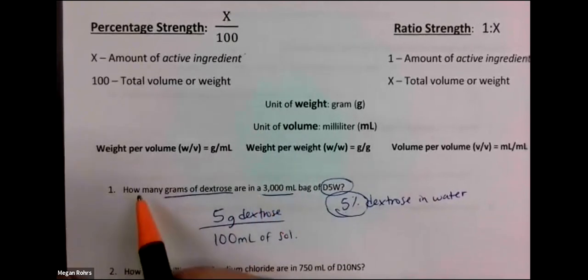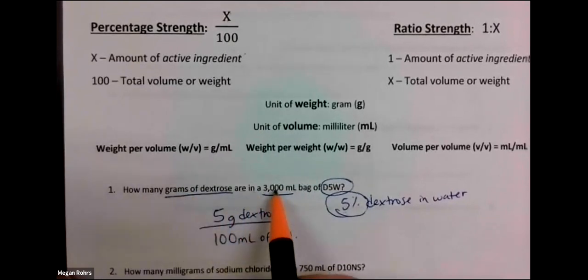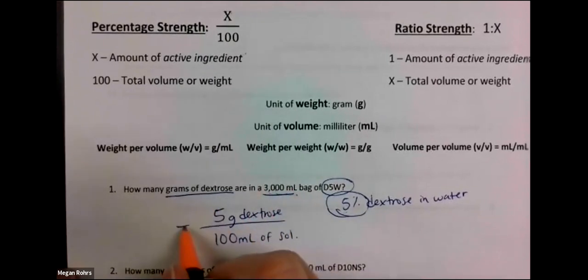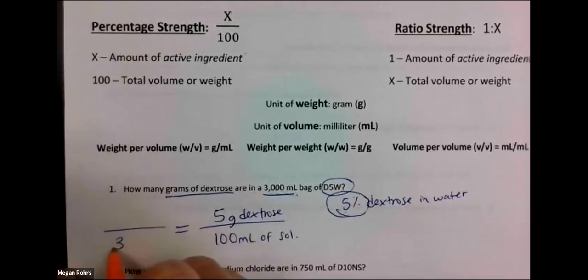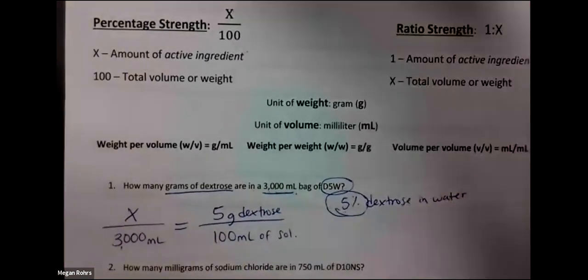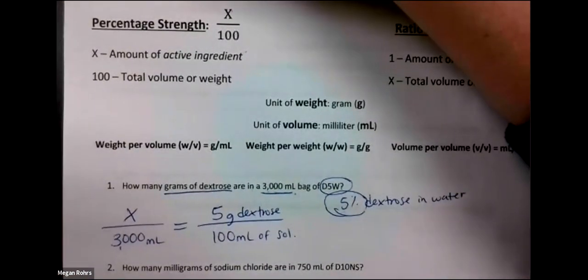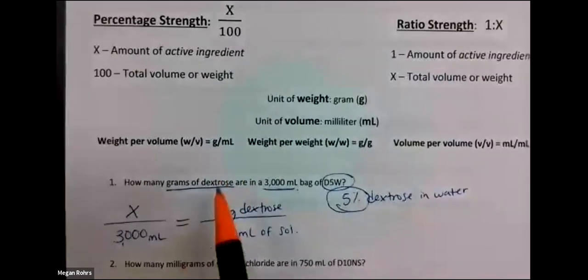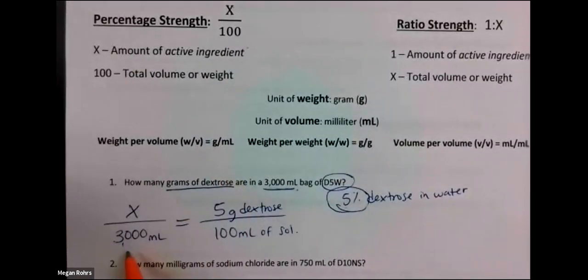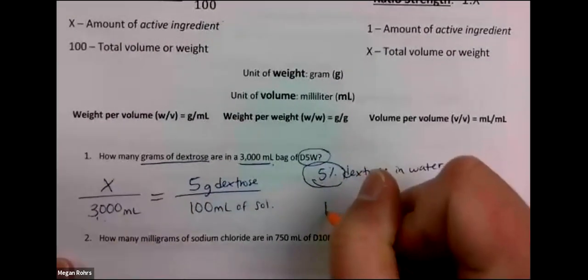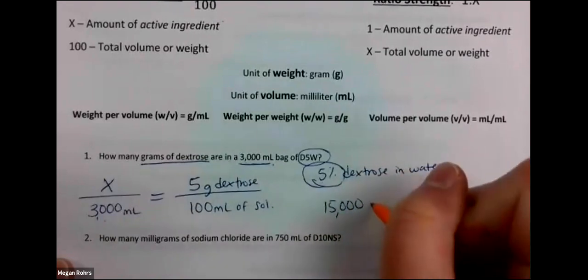Now it says, how many grams of dextrose are in a 3,000 milliliter bag? So if we're using ratio and proportion, we can just set this equal to 3,000 milliliters and then solve for X. So 5 times 3,000, that's going to give us 15,000.